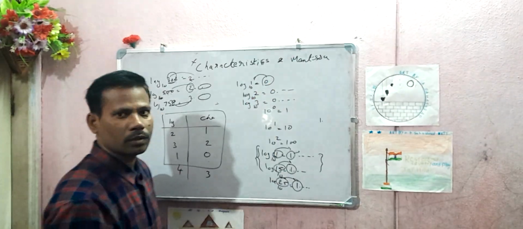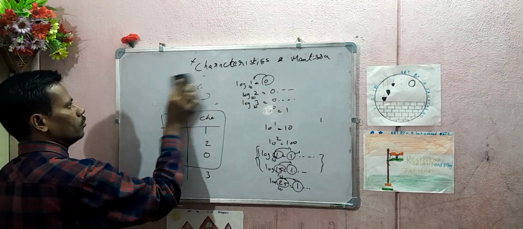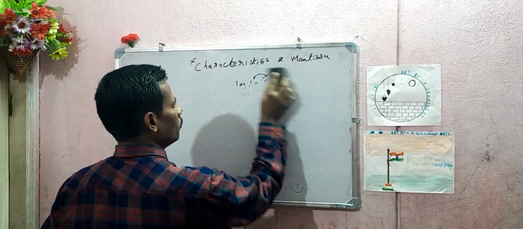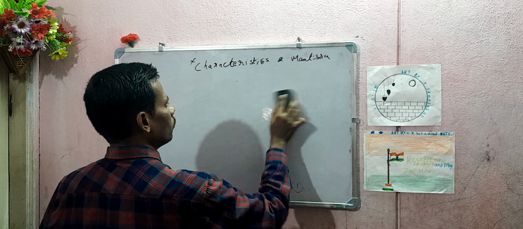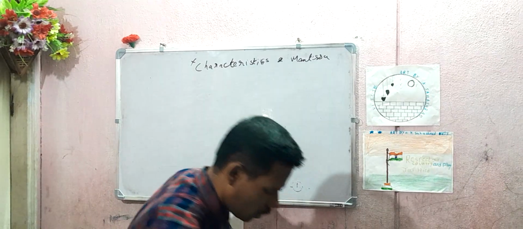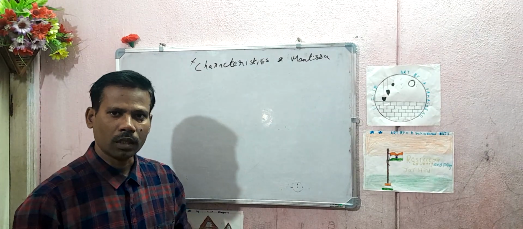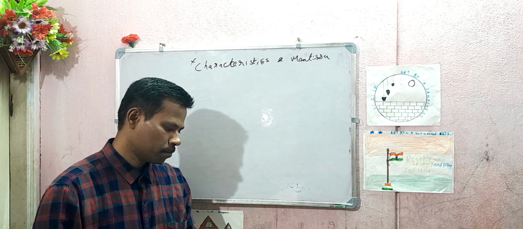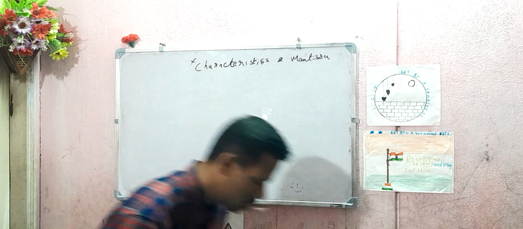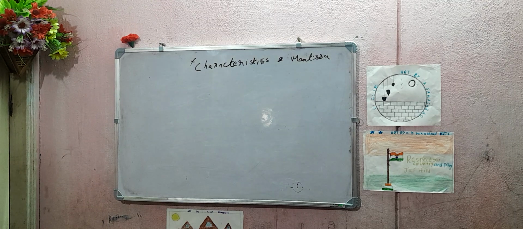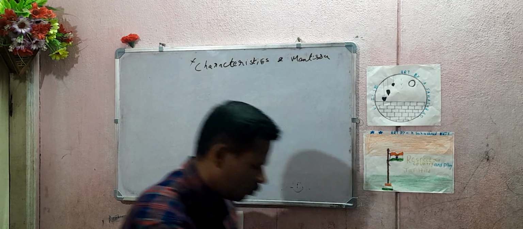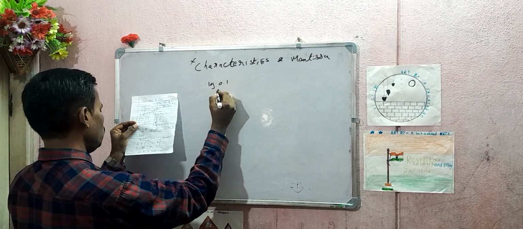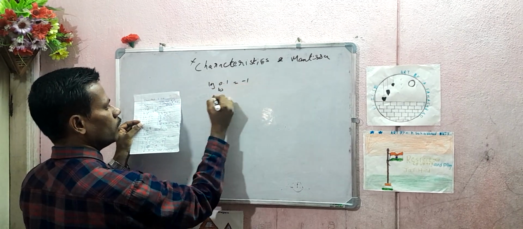Come back to Mantissa. Mantissa is nothing but the same thing. Consider this example. Log 0.1 to the base 10 is equal to minus 1.